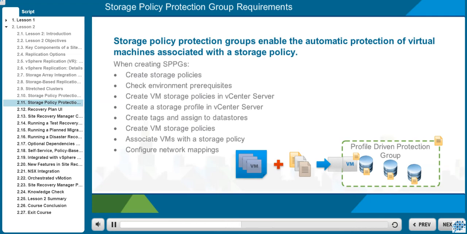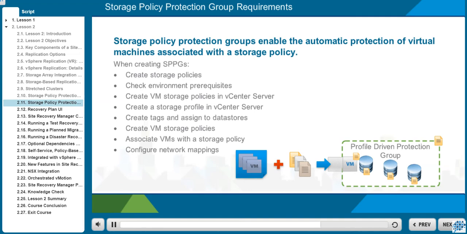You must also configure network mappings. However, if your virtual machines are connected to port groups that are backed by NSX 6.2 universal logical switches, discussed later in the course, Site Recovery Manager 6.1 will automatically recognize this and not require manual network mapping between the protected and recovery locations.